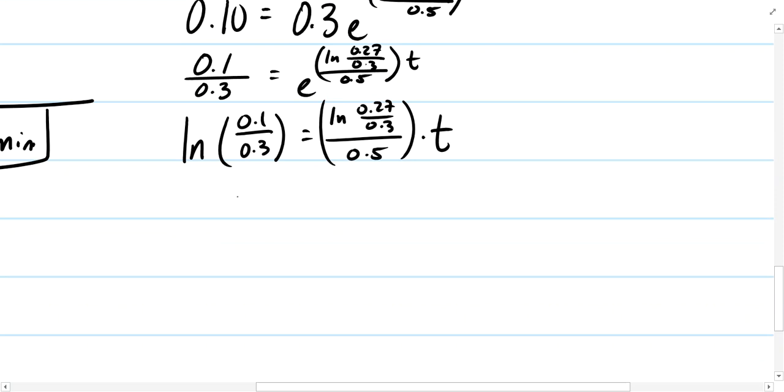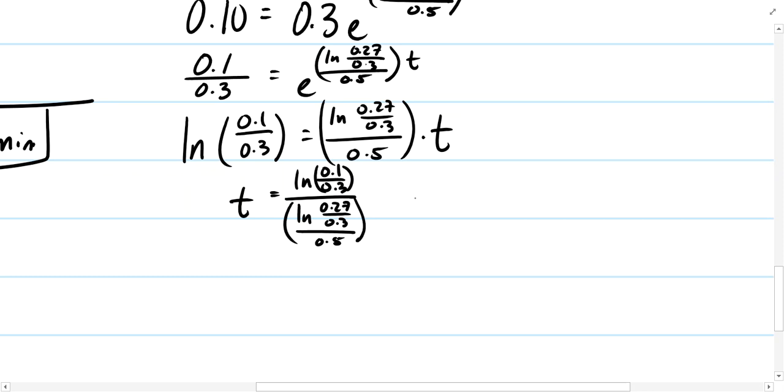And now to isolate t, we simply need to divide the two. And we have the natural log of 0.1 over 0.3 divided by the natural log of 0.27 over 0.3 divided by 0.5.